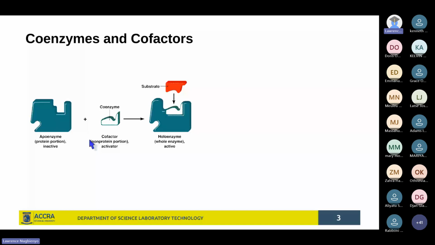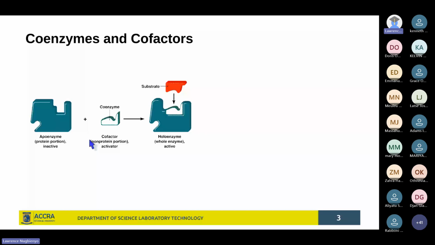We saw an example of denaturing: you apply heat, and the protein loses its structure. And once the protein loses its structure, it will lose its function. All right.